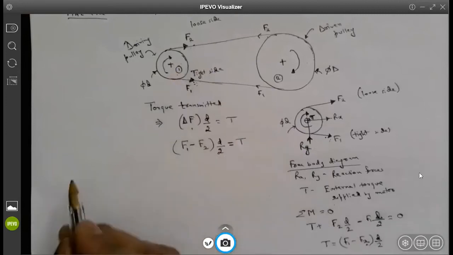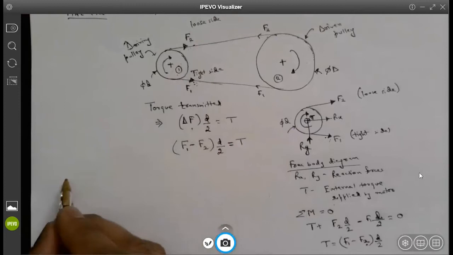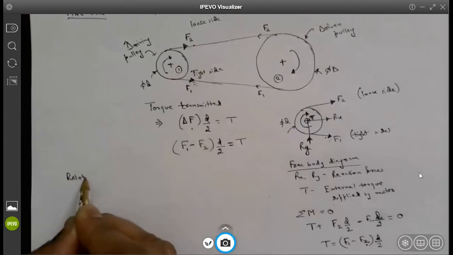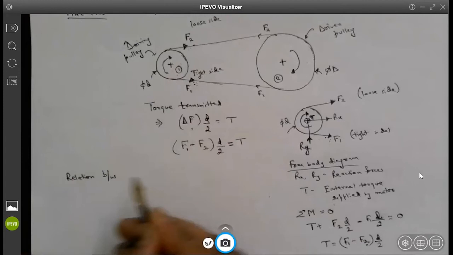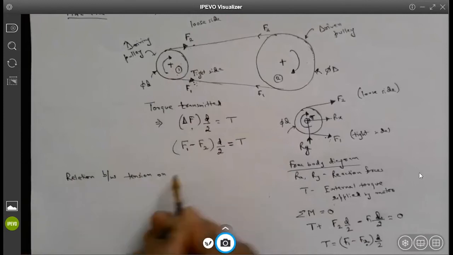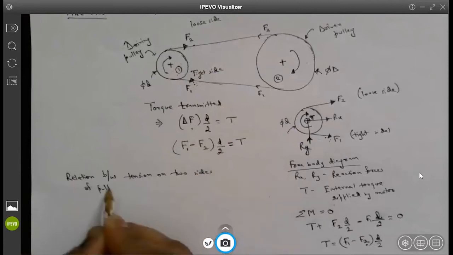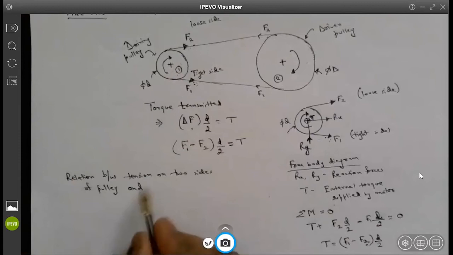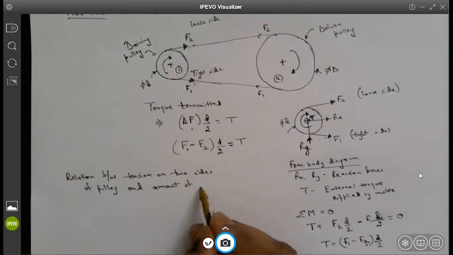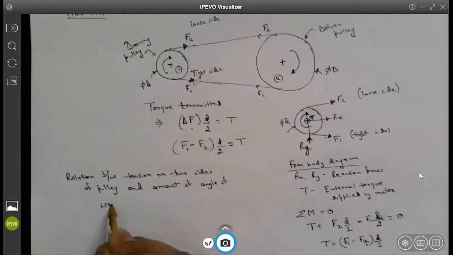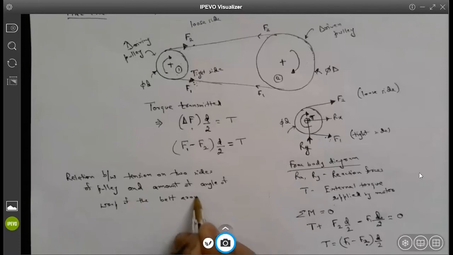So what we have to do next is find the relation between the tensions on the two sides of the pulley and the amount of angle of wrap of the belt around the pulley.